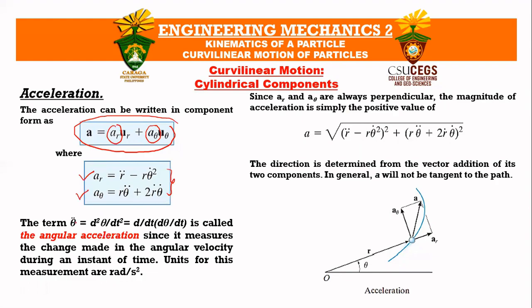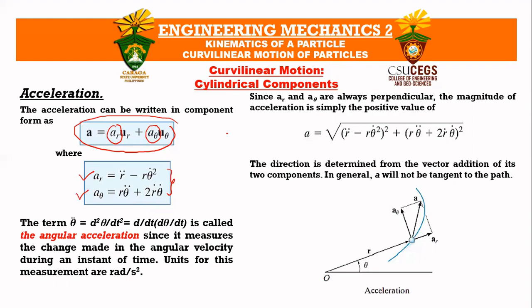The term theta double dot, or the second derivative of the angle theta with respect to t, is called the angular acceleration, since it measures the change made in the angular velocity during an instant of time, and the units for this measurement are radians per second squared.